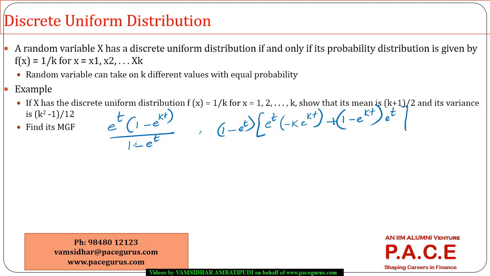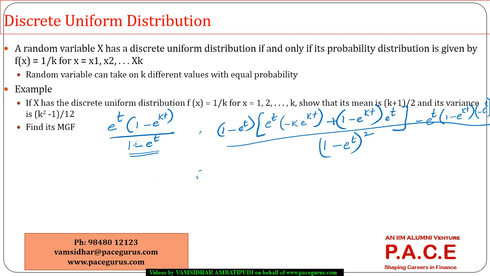So at least this much part is fine. Then e to the power of t into 1 minus e to the power of kt into the derivative of this, minus e to the power of t, divided by 1 minus e to the power of t whole square.